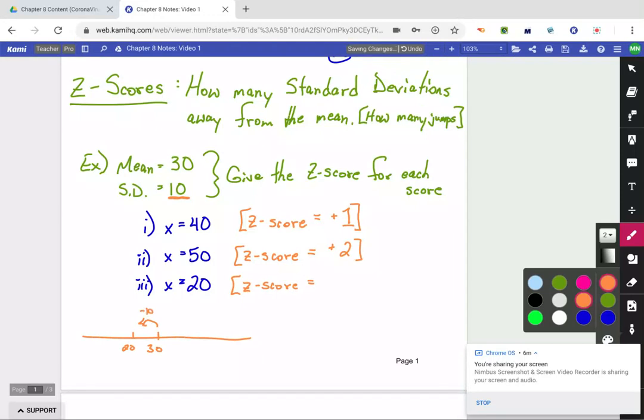And the standard deviation is 10, so that means we went backwards 1 z-score. So minus 1 is our z-score answer for this one. Right, same thing as 40 being plus 1 and 50 being plus another z-score. So each time you add 10, each time you add the standard deviation, you've got another z-score jump.